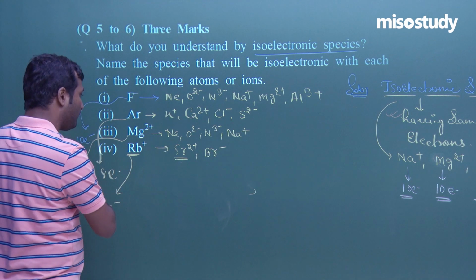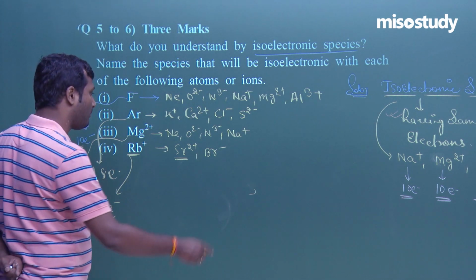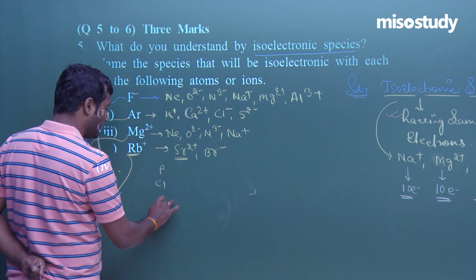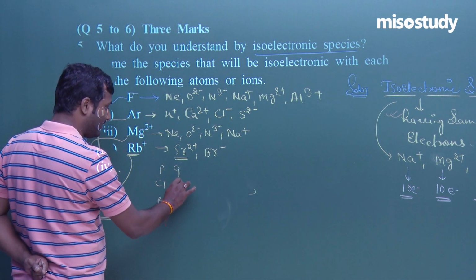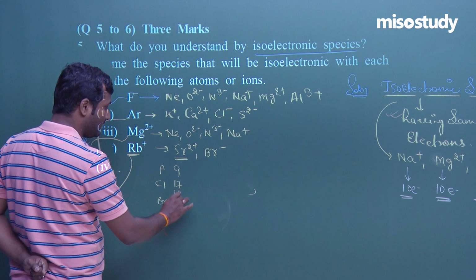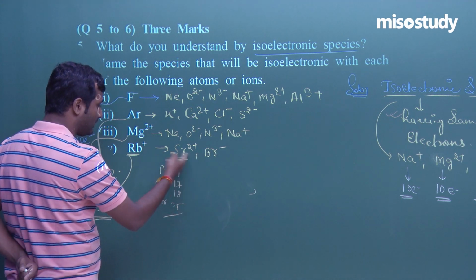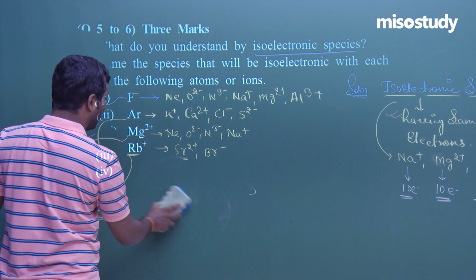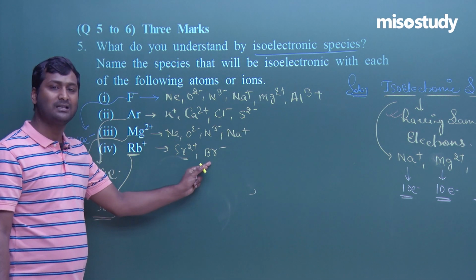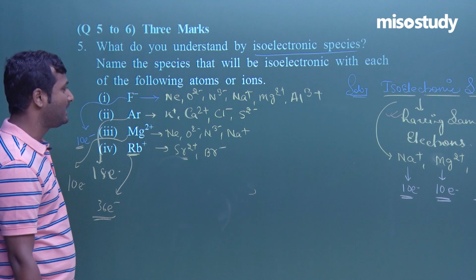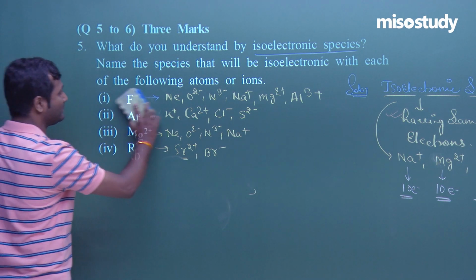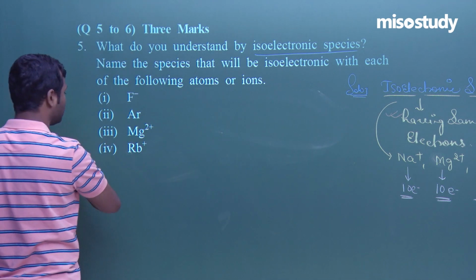If you do not know the atomic number of bromine, the best way is, as we know, fluorine, chlorine, bromine: 9, 17, 17 and 18, that is 35. Plus 1 electron, 36. So the isoelectronic species of Rb+ are strontium 2+ and Br-. Clear to you? I think I have given the complete information related to isoelectronic species.